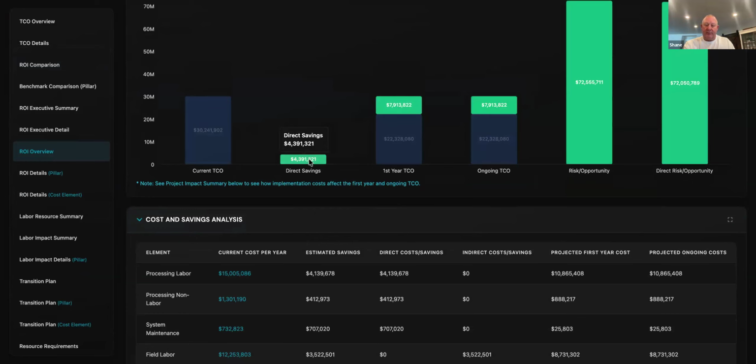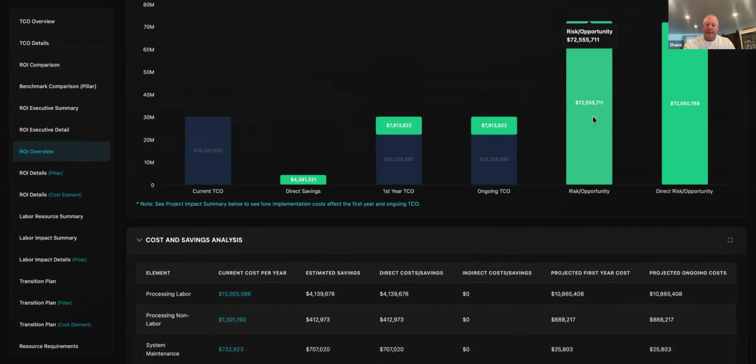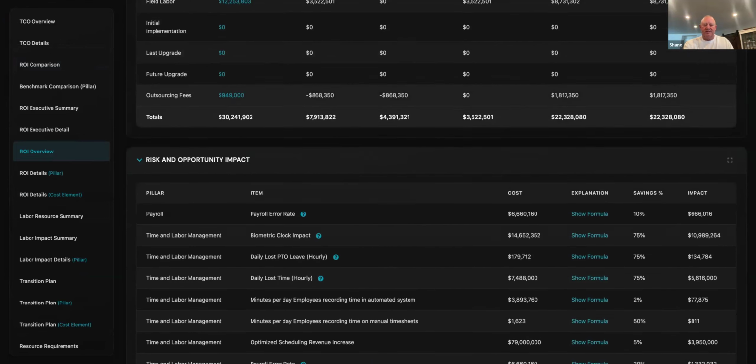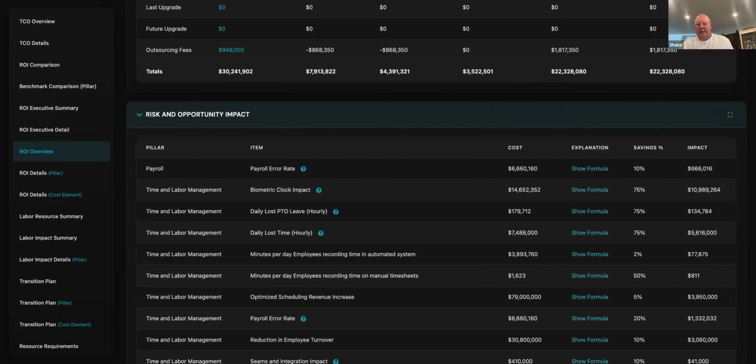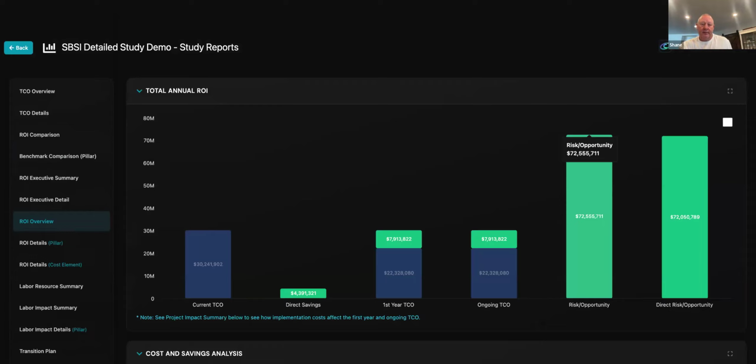Here's the portion of that we think is direct and indirect. Here's your risk impact, so forth and so on. So this is really where the rubber hits the road in terms of making decisions. You've got the total cost data, and then from that total cost information, you can build these ROIs and figure out where you're going to land.